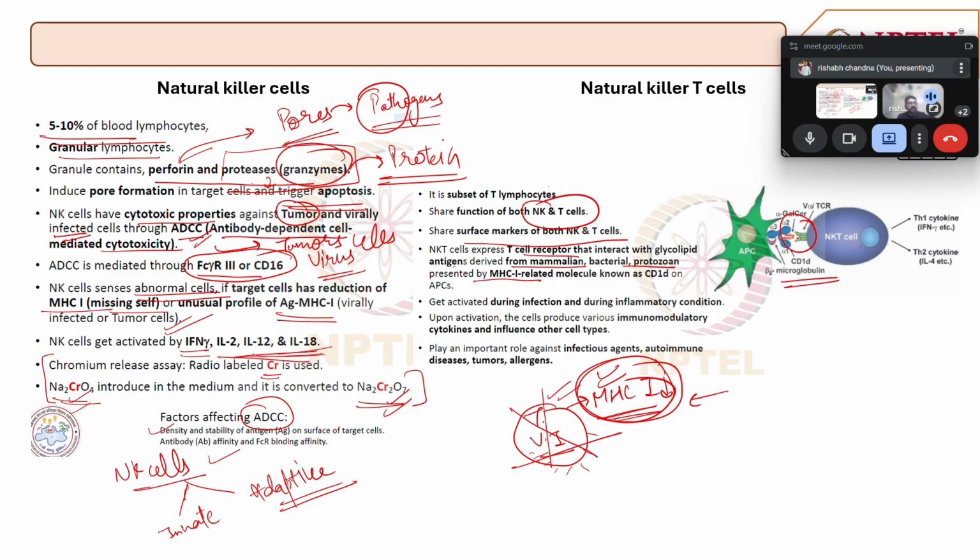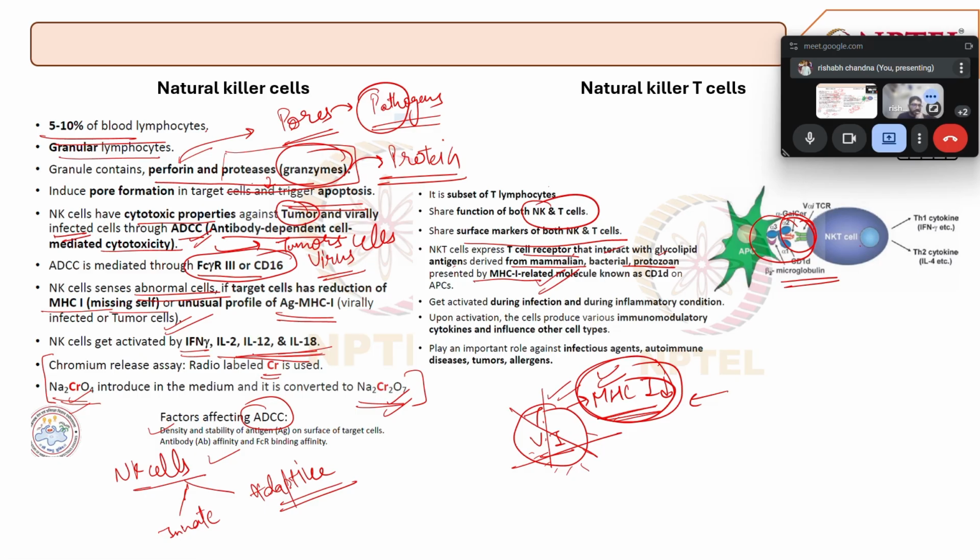This TCR can recognize the CD1D receptor from the APCs that can present the antigen to the T cells. So any glycolipid antigen from mammalian, bacterial, protozoan sources can be presented by the CD1D receptor to the TCR.